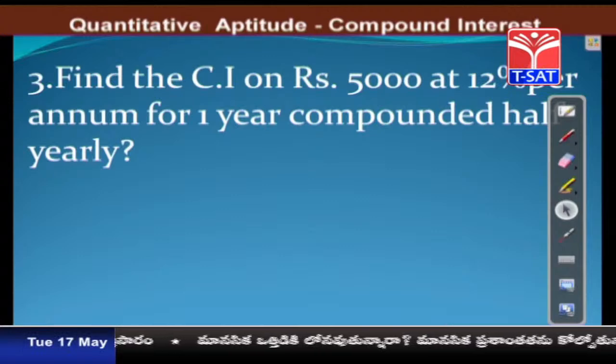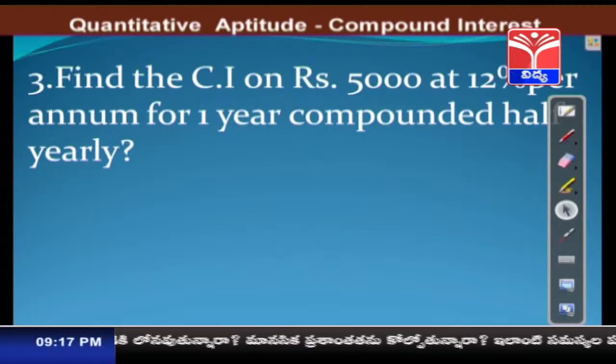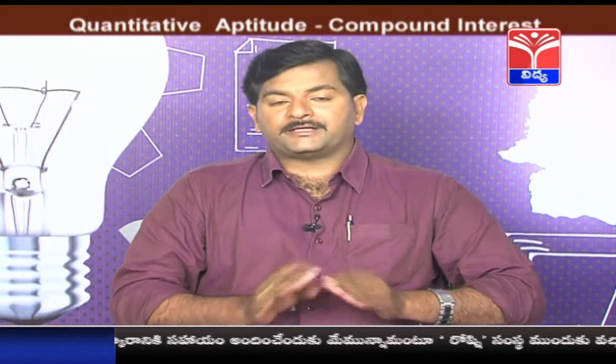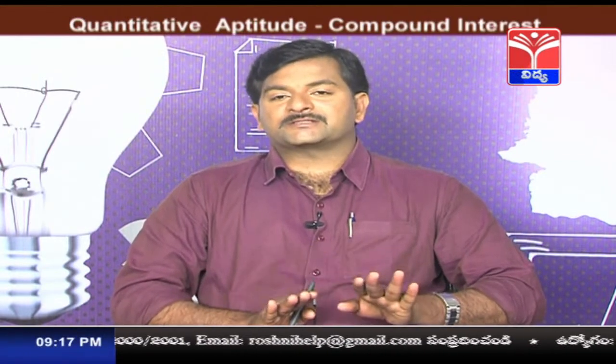For how much time? 1 year. But interestingly observe here, he is compounding interest half yearly, not yearly. If it is yearly, the rate of interest is 12%. Since interest is compounded half yearly, here we will take the rate of interest as only 6%, not 12%.